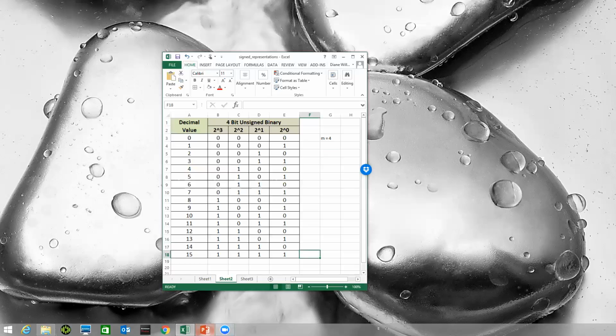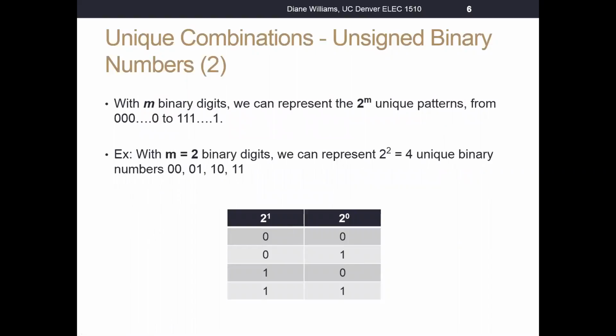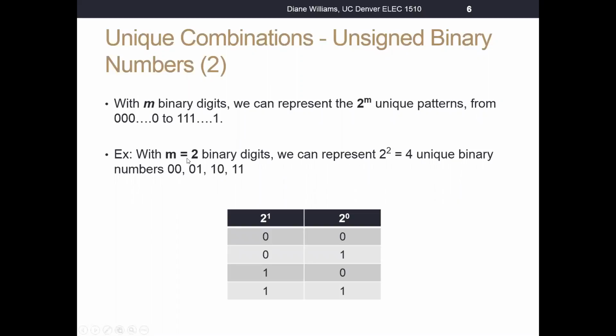We go back to our slideshow here. So m is the number of bits we have. In this most simple example, if we have 1 bit, we can represent 2 to the 1, or 2 unique binary numbers, and those numbers are 0 and 1. If we have 2 binary digits, we can represent 2 squared, or 4 unique binary numbers.